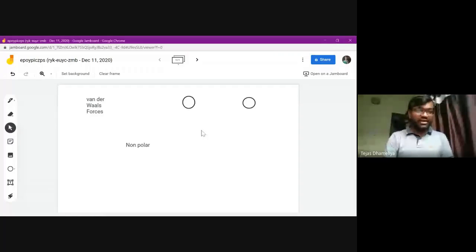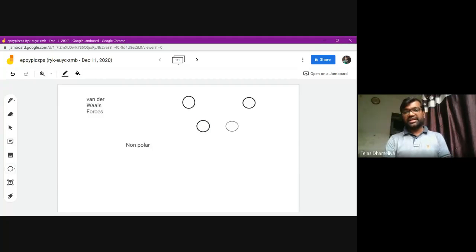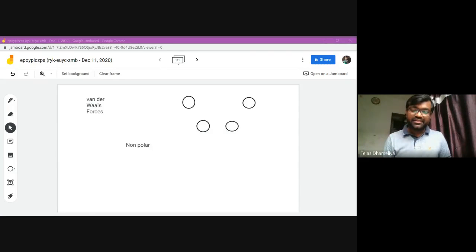Now, if this sphere is one molecule and this another sphere is another molecule, and they are closer, then the van der Waals force between these two molecules is quite higher. They are now closer.